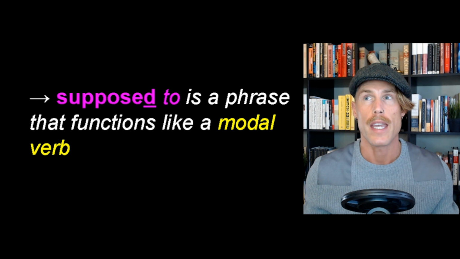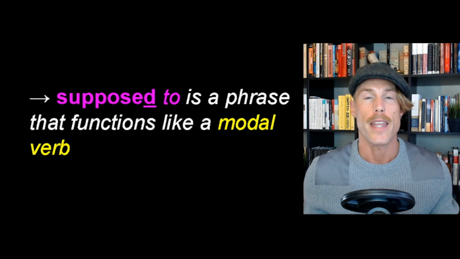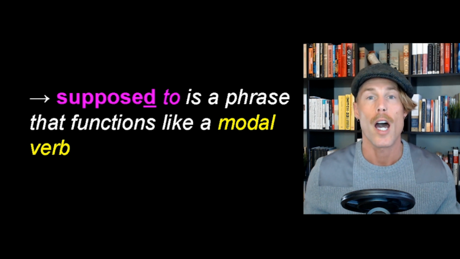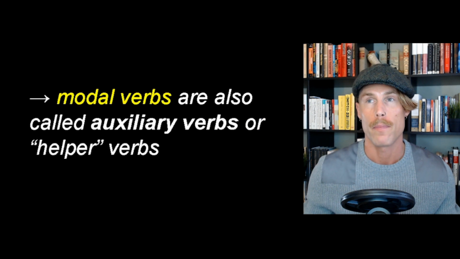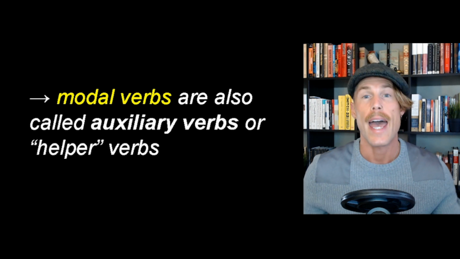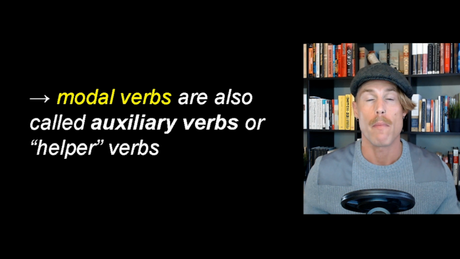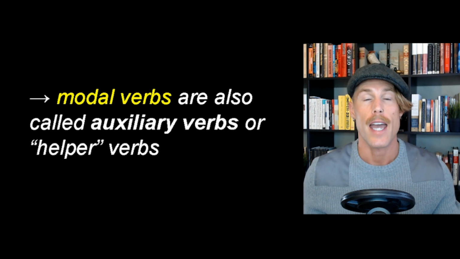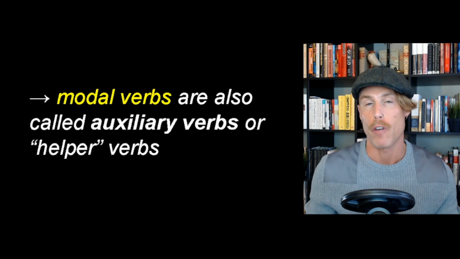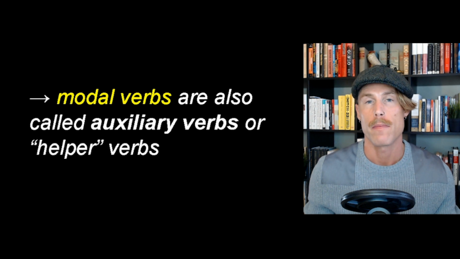Supposed to is a phrase that functions like a modal verb. Modal verbs are also called auxiliary verbs or helper verbs. Auxiliary verbs, modal verbs, they help the main verb in the sentence by changing or modifying the main verb.